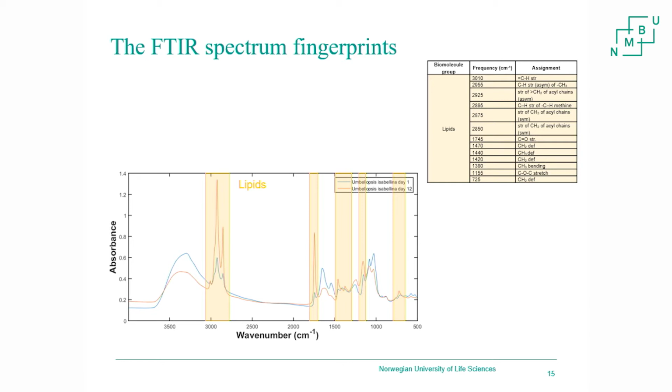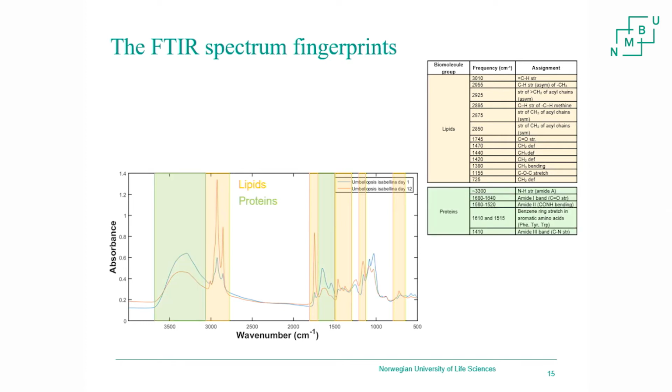That's the area related to the CH2 and CH3 stretching vibrations, which indicates the length of the lipid skeleton. The area, or basically a single peak area, between 1800 and 1700 is related to ester bond stretching.